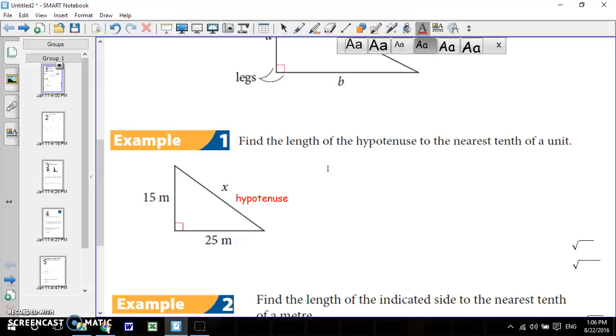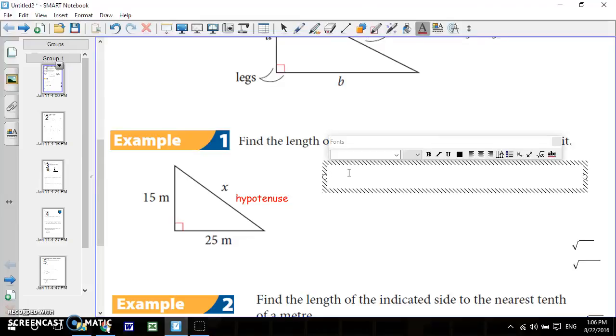Knowing that the hypotenuse squared is equal to a squared plus b squared, we can use x squared equals 15 squared plus 25 squared as the formula to use in this case.